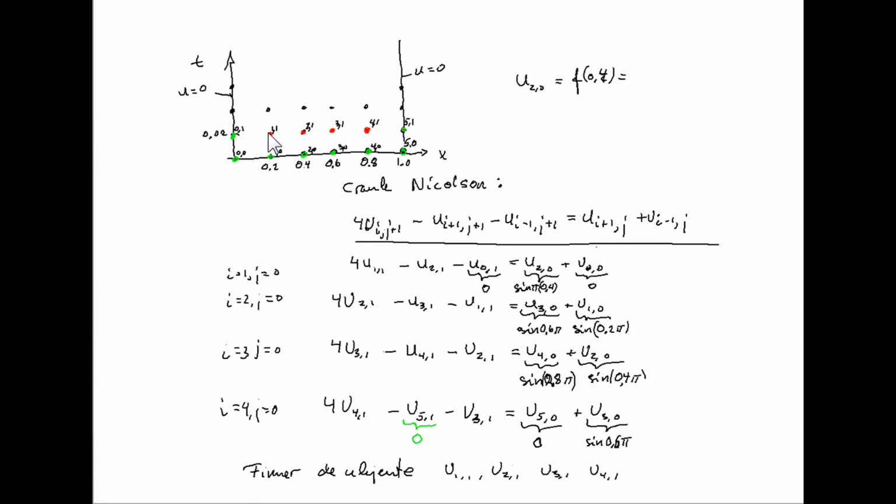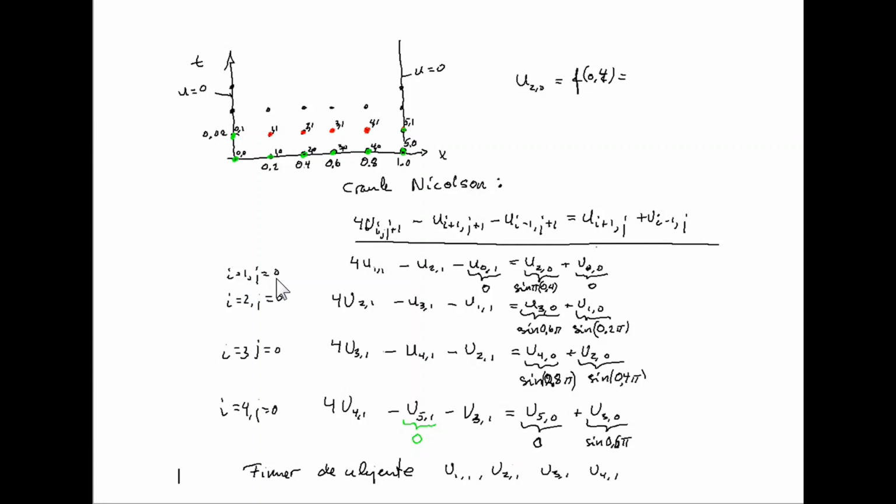We therefore start with this first row of unknowns. These 4 unknown values must be found. And we write the Crank-Nicolson scheme once more. In the case when r equals 1, it takes the following form. So let's start with this point, i equal to 1 and j equal to 0.